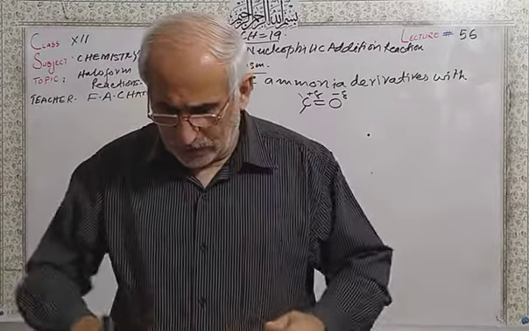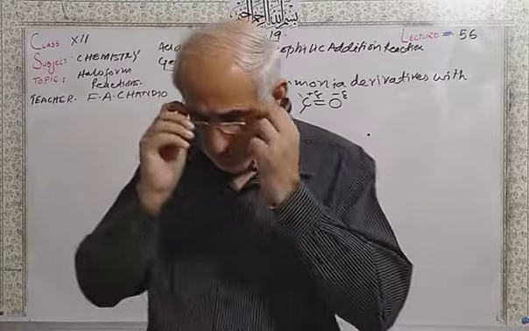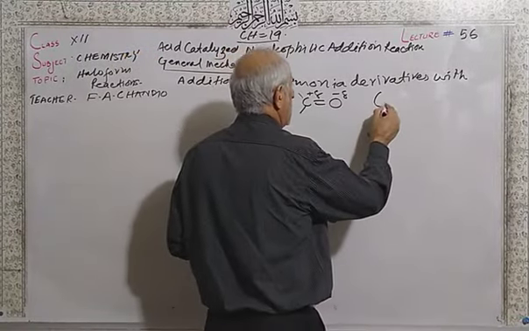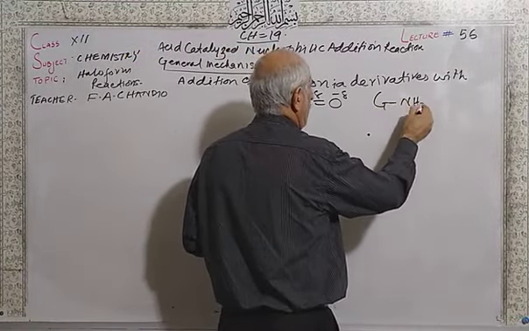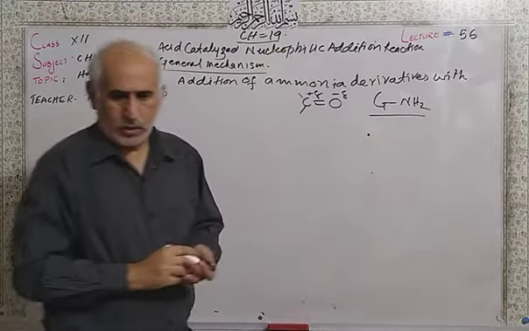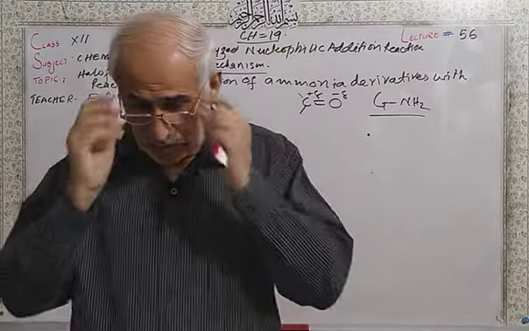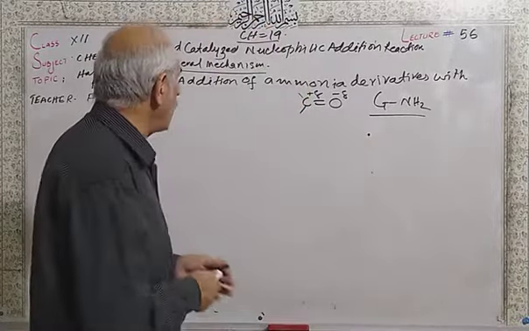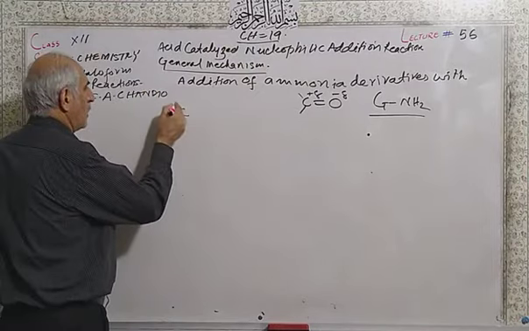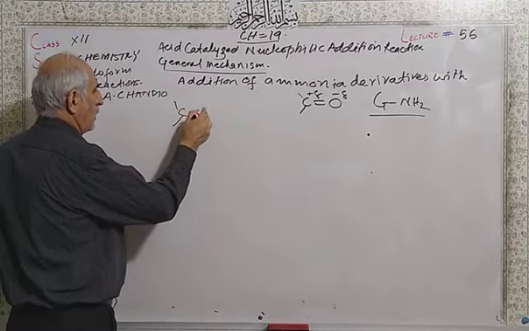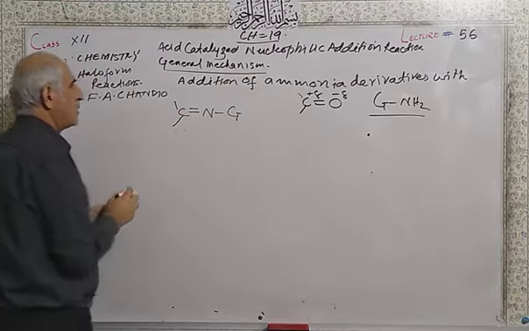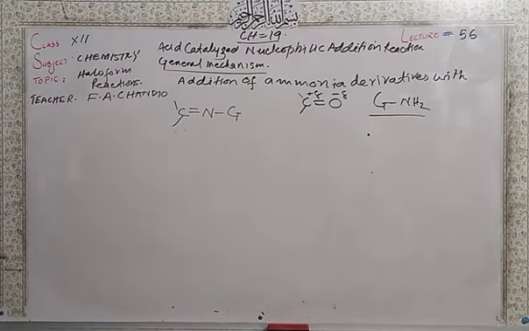Aldehydes and ketones react with the ammonia derivative to give a group. This is the group, and this is the amine group. To form compounds containing this, you will get this compound C=N-G in the last.